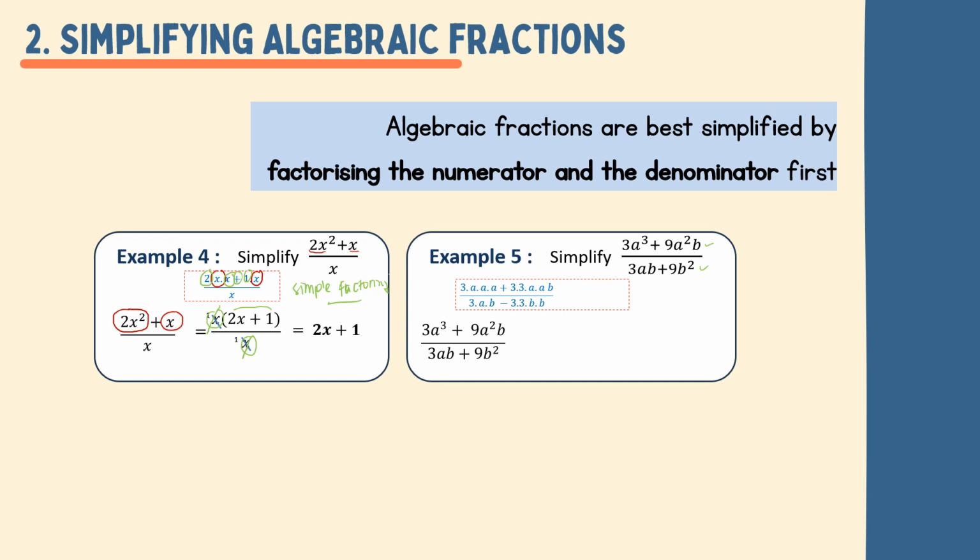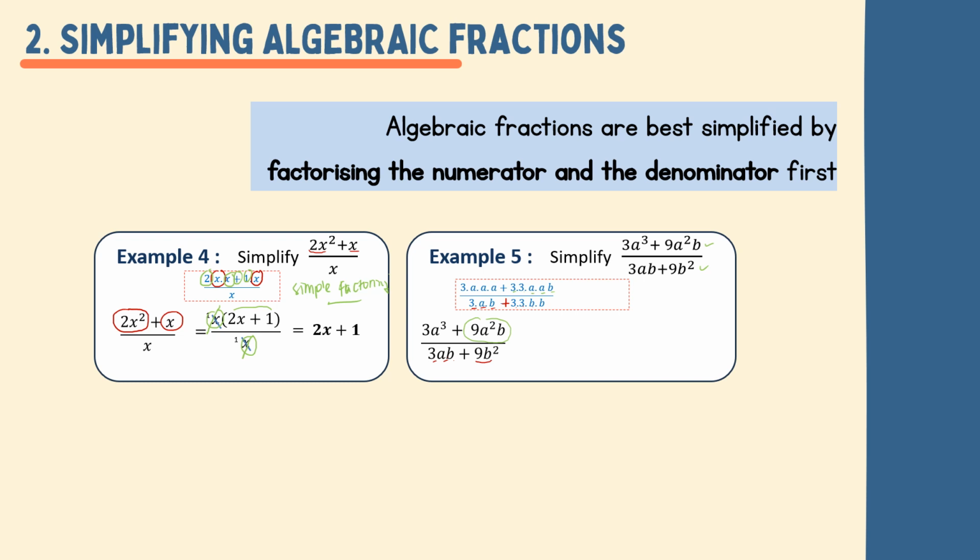We can decompose 3a cubed first into 3 times a times a times a, plus we can decompose 9a squared b into 3 times 3 times a times a times b. And then we can decompose 3ab into 3 times a times b, plus we can decompose 9b squared into 3 times 3 times b times b.